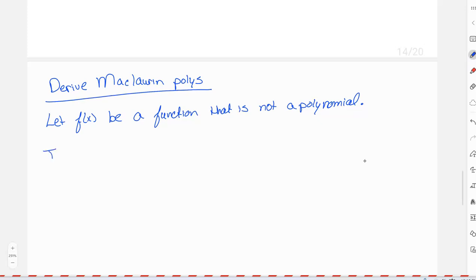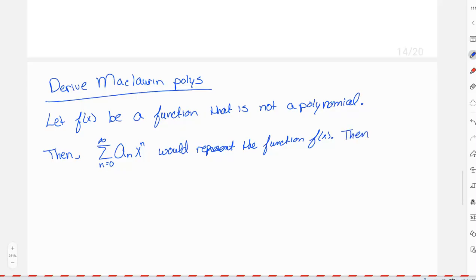So then let's say we could write it as a power series, the sum from n equals 0 to infinity of a sub n x to the n, which would represent the function.